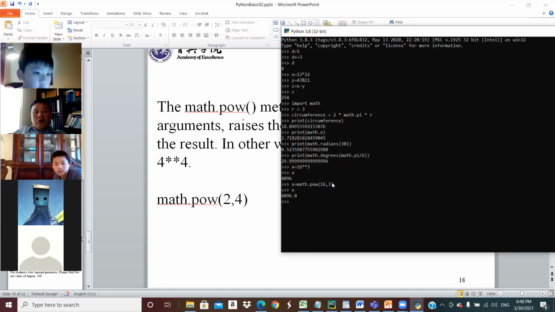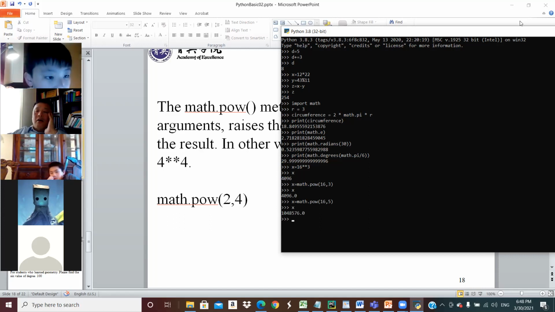So now you can do like the power of 5. Let's do it. Let me change that to 5 now. So what is the x value now? It's a big number, right?